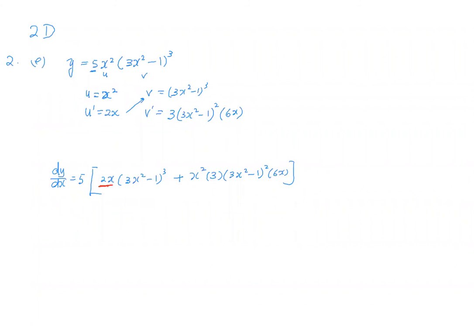Here is your 3 times 2x. You can take out the whole thing, 3x squared minus 1 squared, because 3 is 2 plus 1. So you can take out.